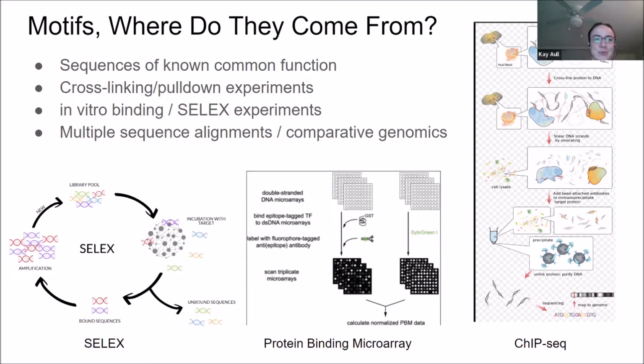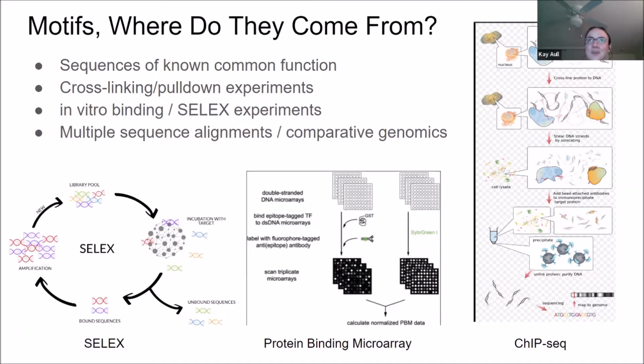You can do a conceptually similar experiment with some in vitro binding and some amplification, where you incubate a library of sequences with your transcription factor that is bound to something. You are capturing the sequences that are able to bind to your transcription factor, and then you do some amplification of that, and that is your new pool.